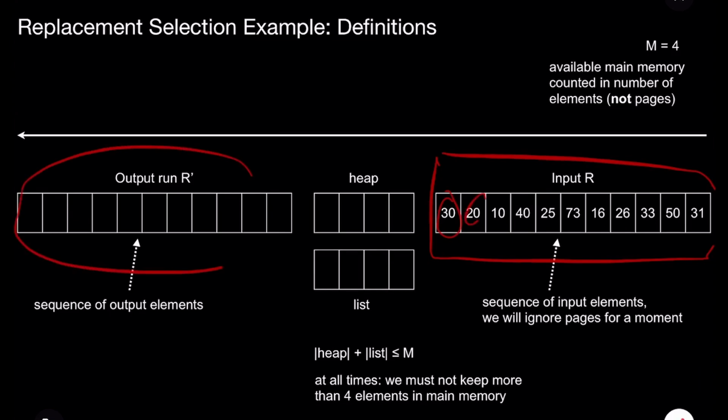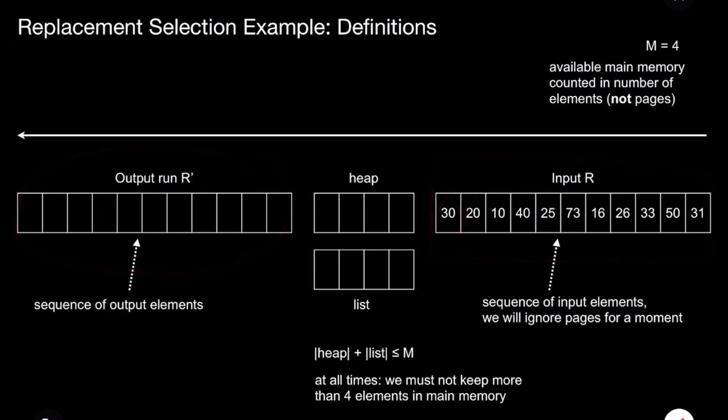And that is the output run I'm creating. And the assumption here is I have capital M equals 4. That is only 4 entries available, also 4 integers I can put in main memory at all times. So similar to the previous example, where I had those 2 pages having 2 integers each, I have 4 integers I can keep in main memory.